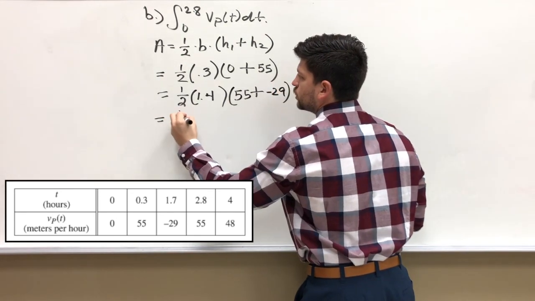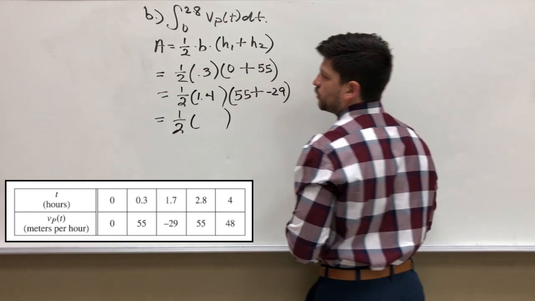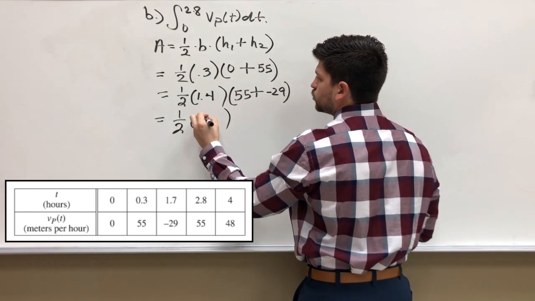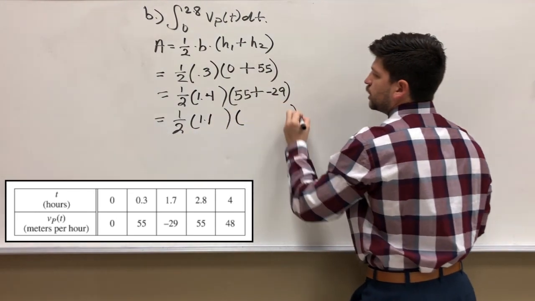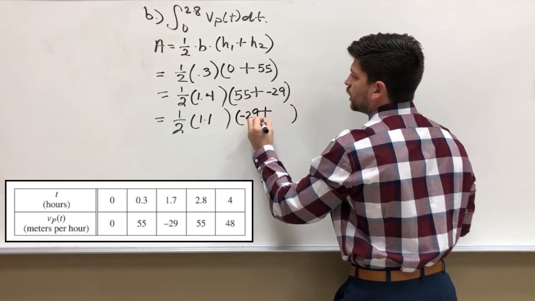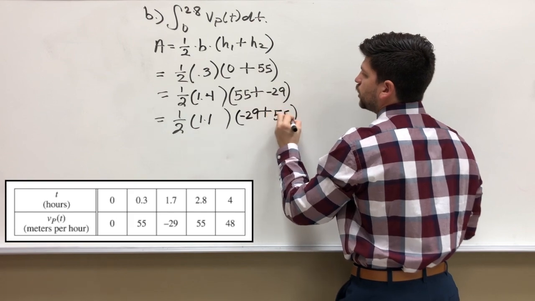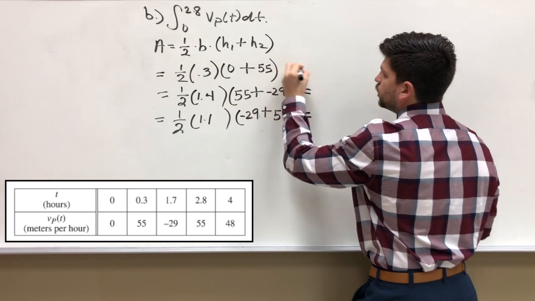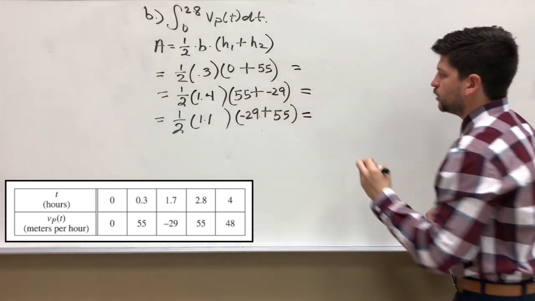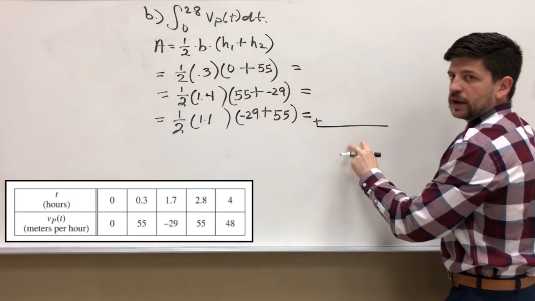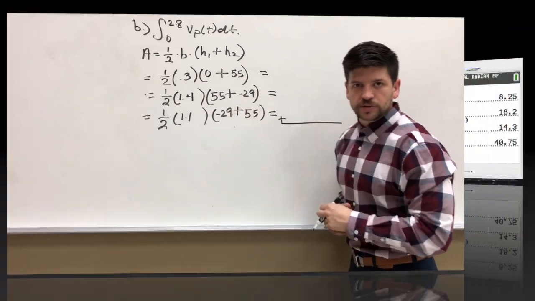And my last one, my width of my last interval, I'm going from 1.7 to 2.8, so that's 1.1. And then again, I add my y values, so that's negative 29 plus 55, and that's going to give me my 3 areas. So my final answer, I'm going to add up all 3 of these areas to get my estimate. So let's bring up the calculator.